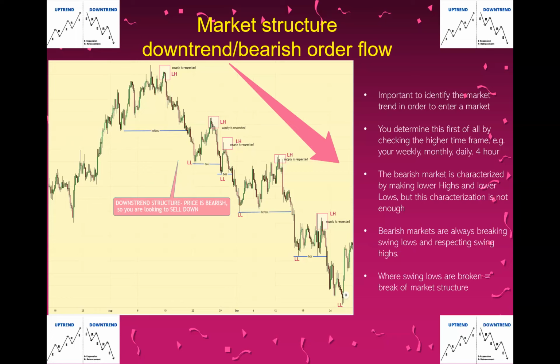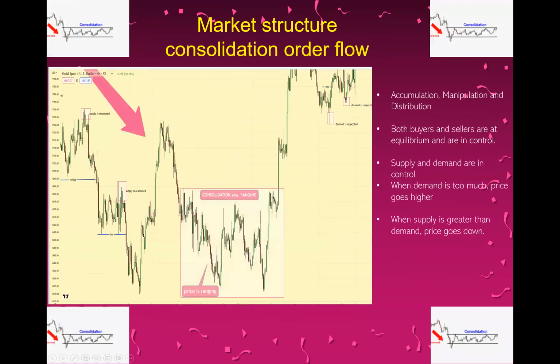Okay, so we've spoken about uptrend and downtrend. Now, there is another type of trend that we have, which we call consolidation. With consolidation, it's clear that the market is just ranging sideways.